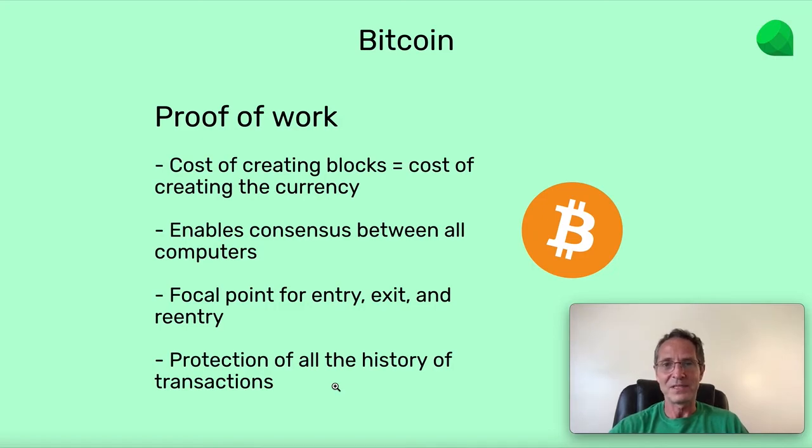And that would represent billions of dollars in work and electricity. So it's practically impossible to reverse and change the history of a proof of work network like Bitcoin. So it's a very high level of protection of the transactions and the history of the ledger, the accounts, and the balances, and therefore your property inside the network.